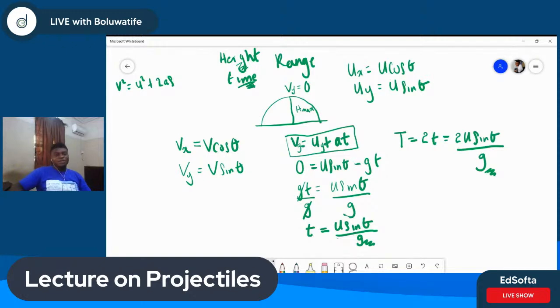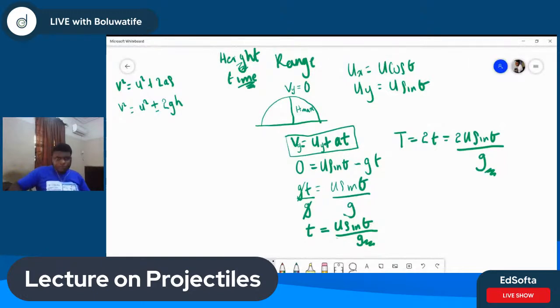With respect to gravity, what I'll have is v squared equals u squared plus or minus 2gh, because gravity could be plus or minus for all we know. Now we want to calculate the maximum height of this guy, so we need to make h the subject of the formula.